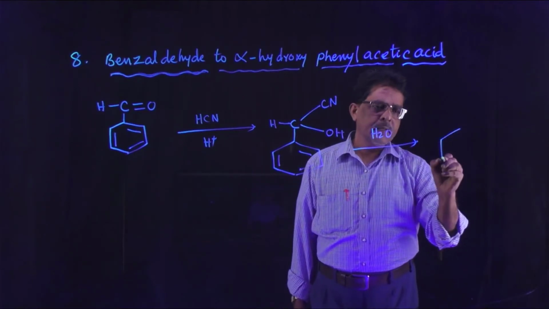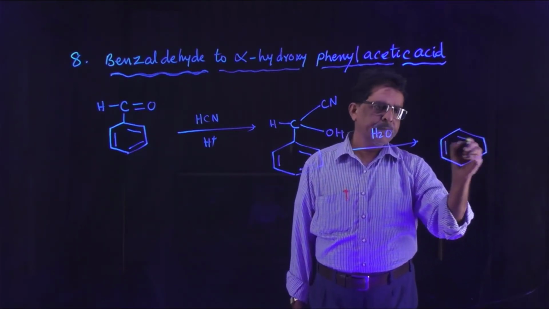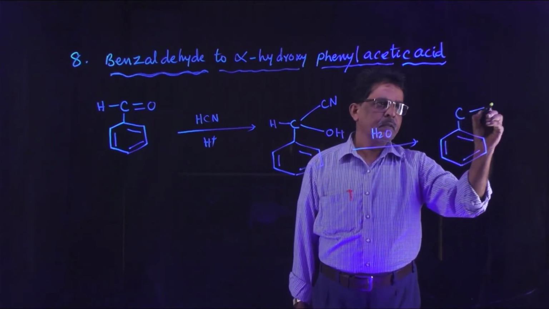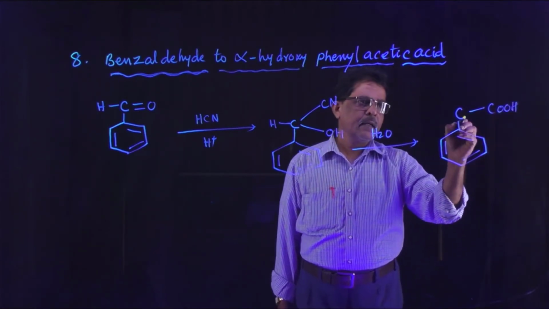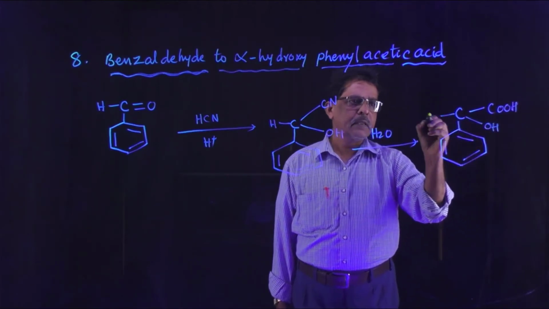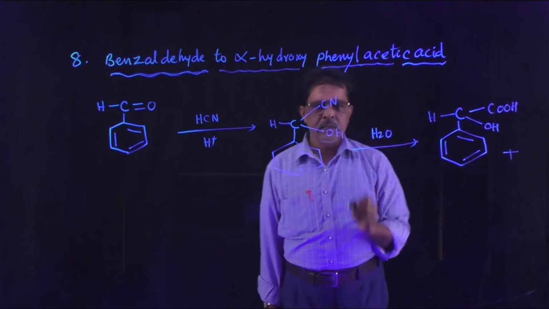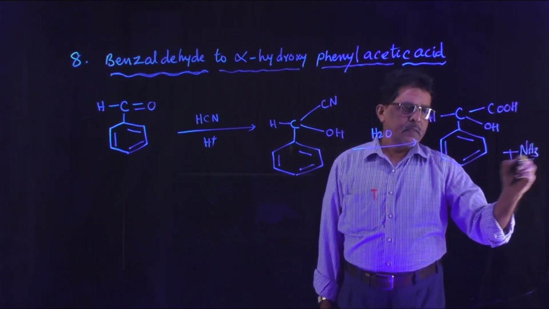Then I will write the carboxylic acid like this: COOH carboxylic acid, and here OH group, here H, plus in the hydrolysis ammonia is also formed as a byproduct.